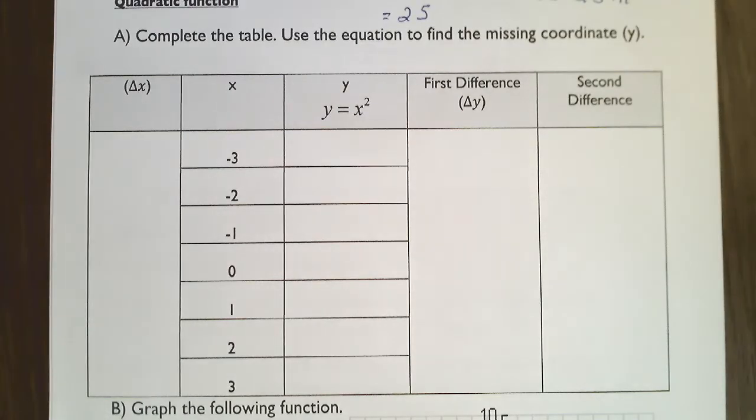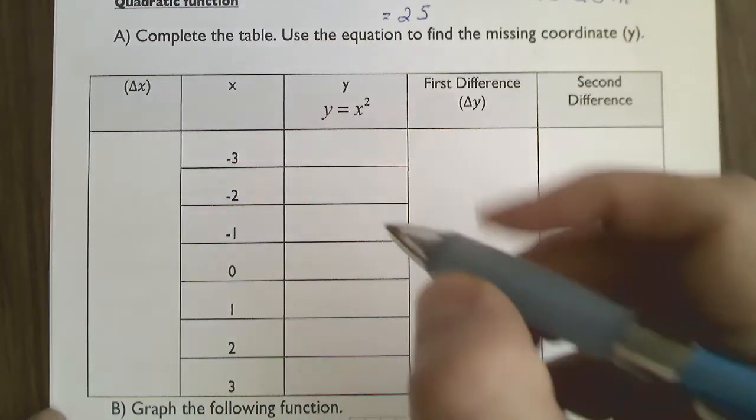Let's look at a function with equation y equal x squared, but this time we will not define what x and y variable represent. Therefore, we will be able to use negative values for x coordinate. So once again, let's fill this table.